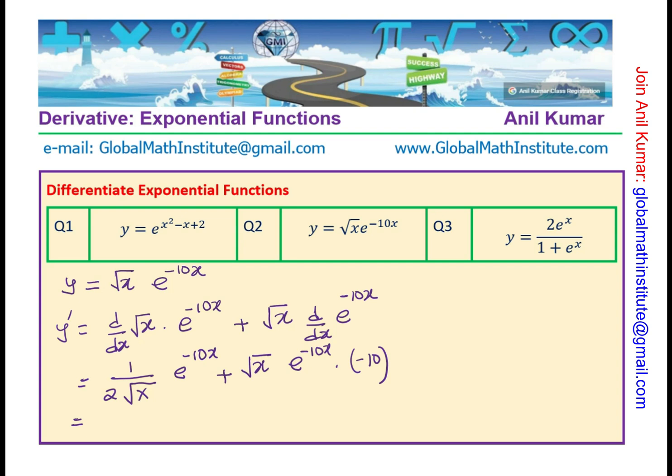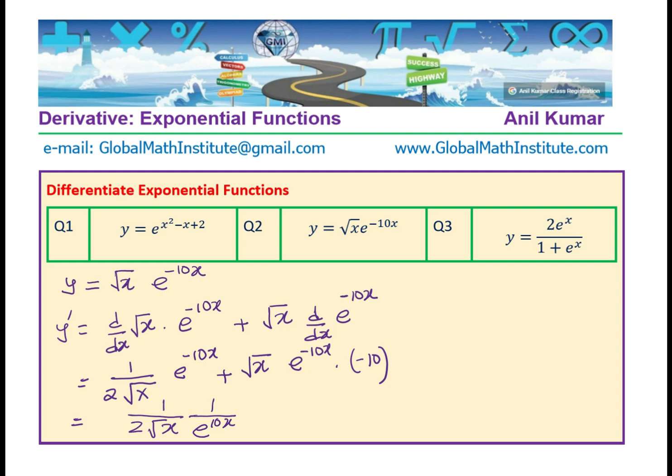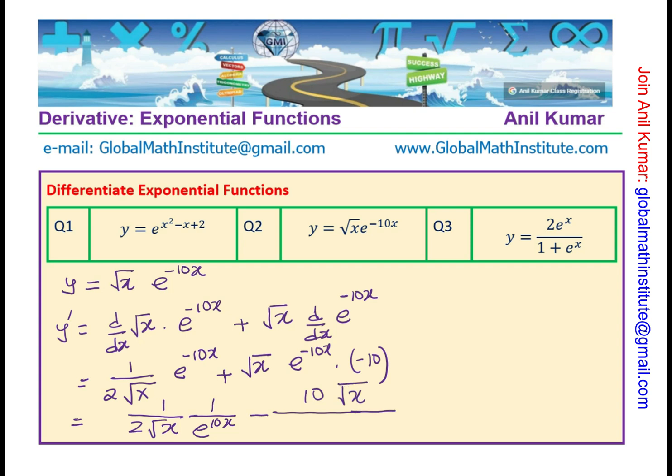So we have 1 over 2 square root x times 1 over e to the power of 10x, plus here we have x, we'll write minus because we have minus 10 here, over square root x in the numerator, and we have e to the power of minus.